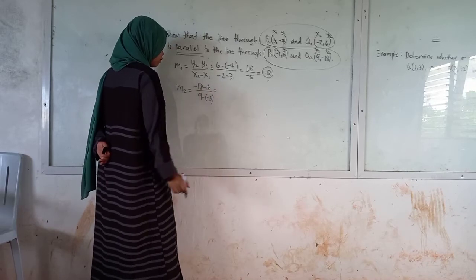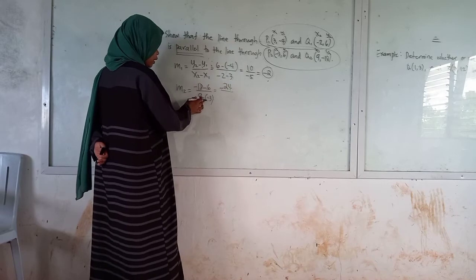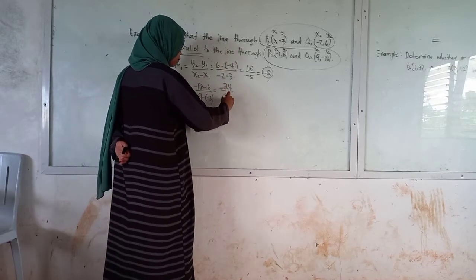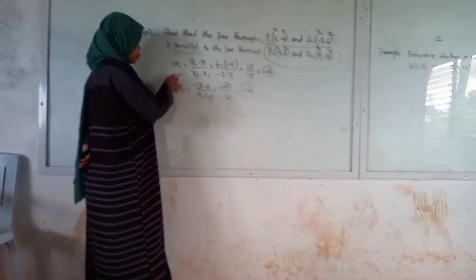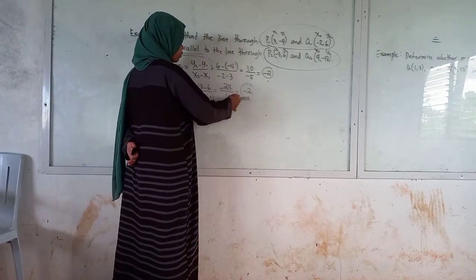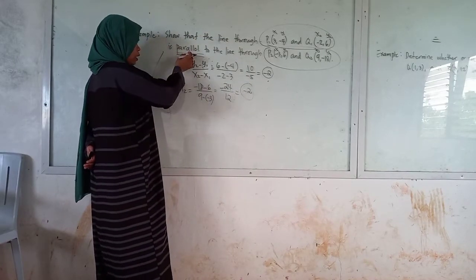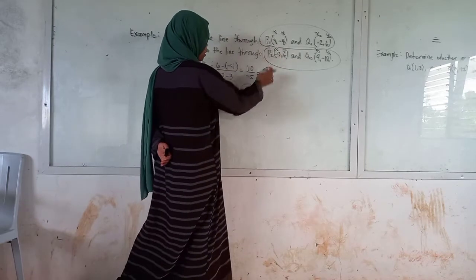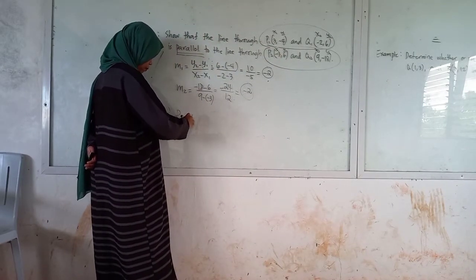This gives us -24 over 9 plus 3, that is 12, which is equal to -2. Since m sub 1 and m sub 2 are both equal to -2, we can conclude that the two lines joining these points are parallel. So they are parallel.